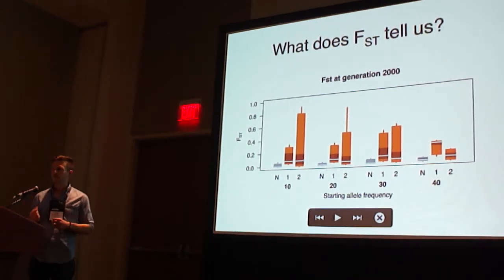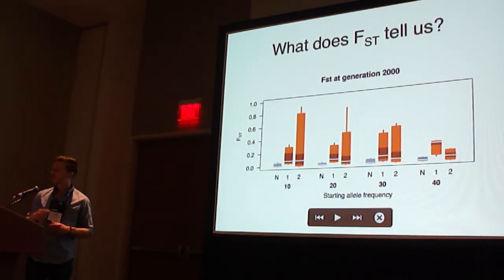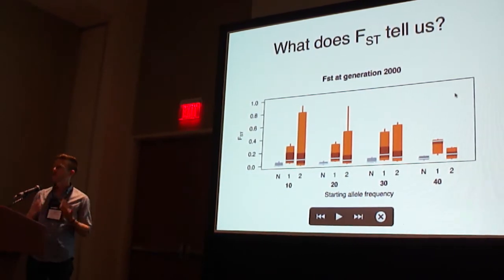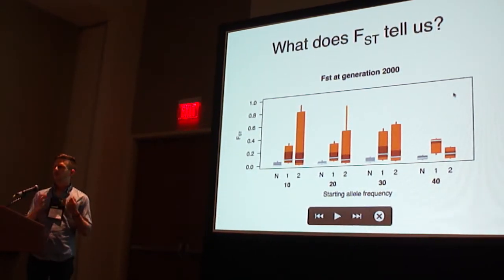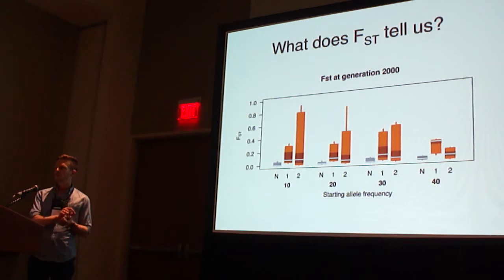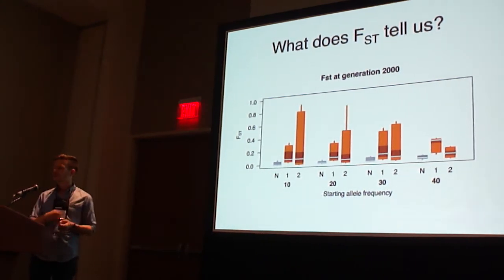Another interesting thing about FST is that it's kind of sensitive to starting conditions. So remember, I started selected loci with initial allele frequencies based on the standard neutral model.